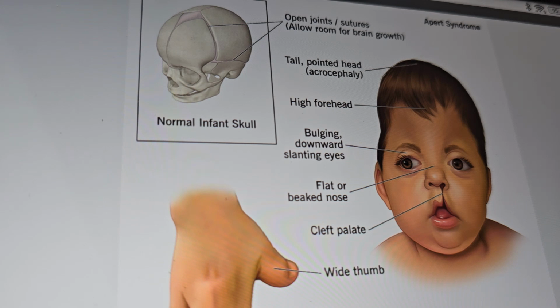All of this is present in Apert syndrome, along with syndactyly of the hands and feet, hearing loss, and mild to moderate intellectual disability. When everything is present, that's why we call it a syndrome, and it was discovered by Apert et al. So that's why it is named Apert syndrome.